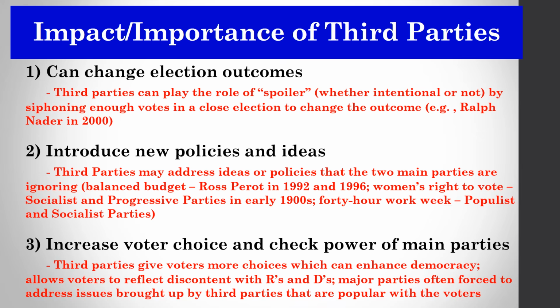In doing so, of course, that relegates the third parties once again to a minor status and marginalizes them, because the two major parties now have sort of taken away some of their thunder as a result of adopting those new policies or ideas. But it is a dynamic process that allows for new ideas and policies to be introduced via the method of a third party advocating for that particular point of view or issue.